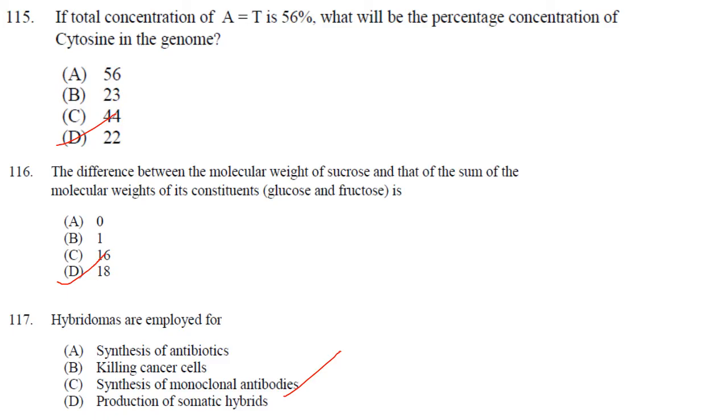Now you have given A plus T is 56%, so G plus C will be 100 minus 56, that is 44. So G will be 44 divided by 2, that is 22, and cytosine will be 22. So the answer here is option D, that is 22.